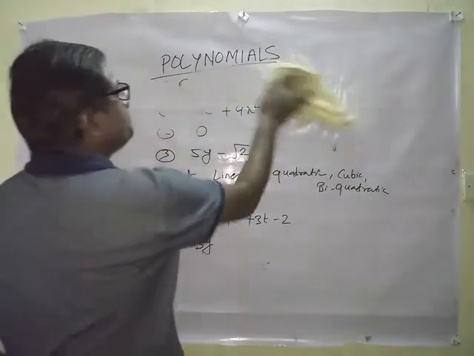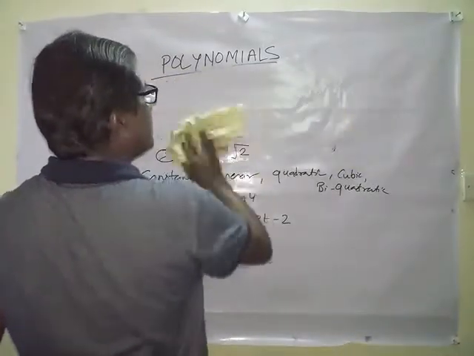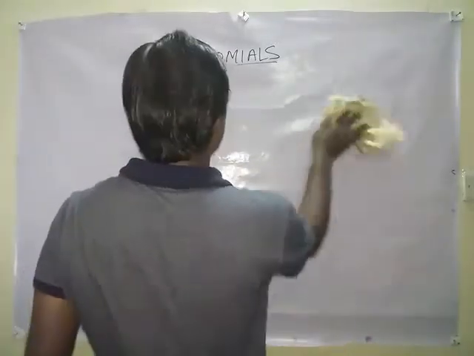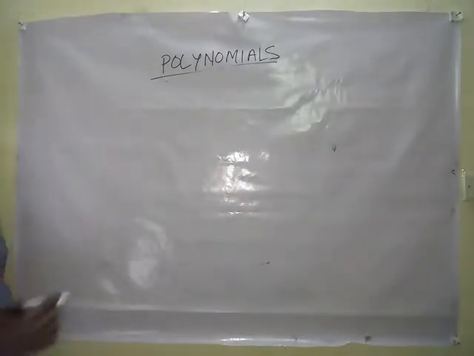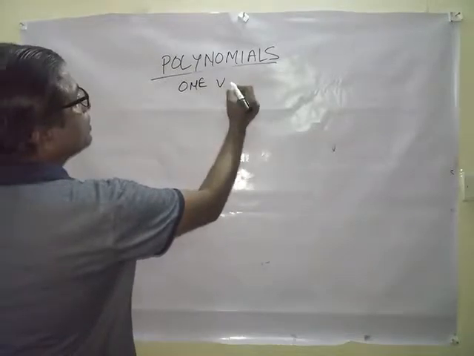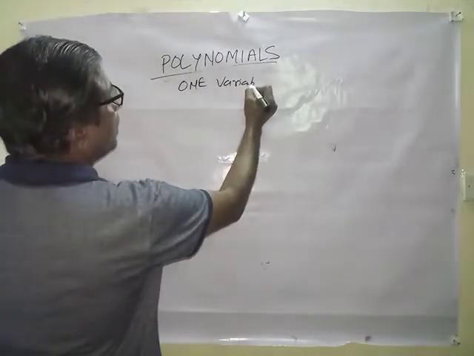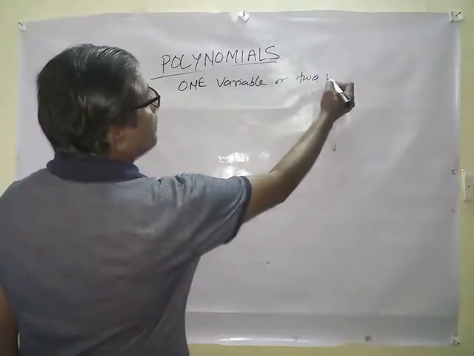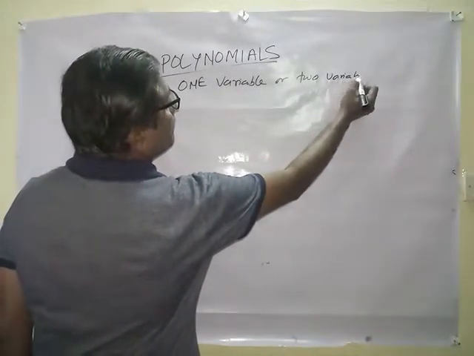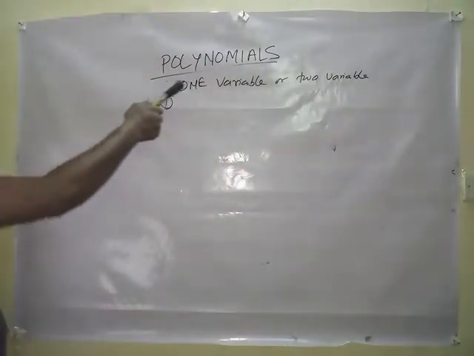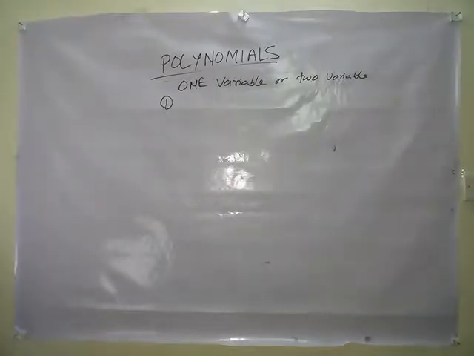After this, in this exercise, whatever we have learned: polynomial with one variable or two variables. You have to tell in this equation whether these are polynomials with one variable or two variables.